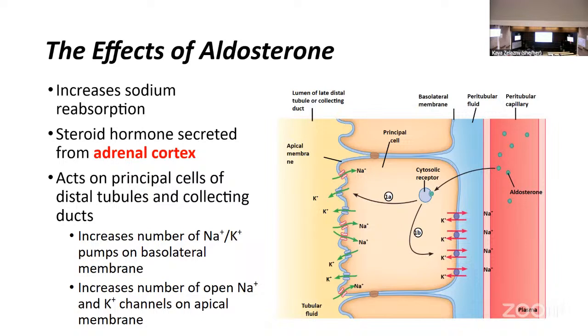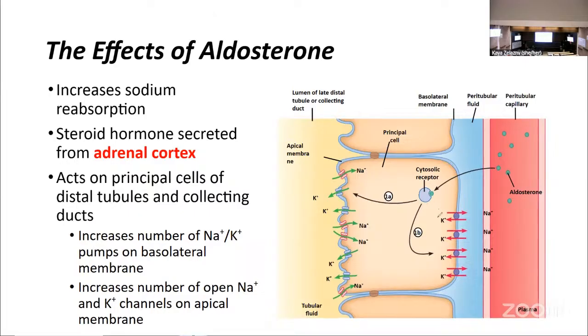It's acting on principal cells in the distal tubule and collecting ducts. The way it's working is that it's going to increase how much sodium and potassium gets pumped across the basolateral membrane. So we're working faster here, creating a really strong sodium gradient and potassium gradient using ATP.